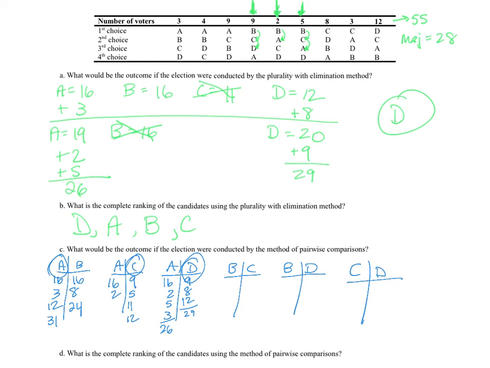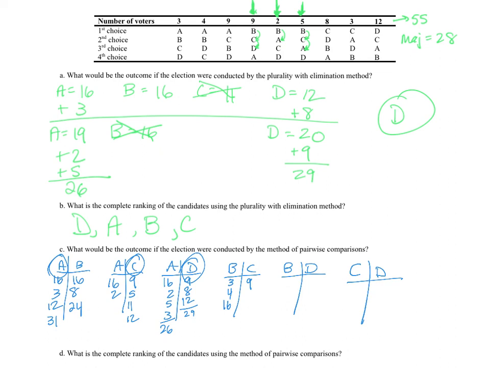Okay, B against C. So the first column, B is ranked higher. They get the 3. The next column, B is ranked higher. The next column, C is ranked higher, so we give 9 to C. The next 3 columns all have B in first place, so we're going to give those all to B. So that's 9, 10, 11, 16.